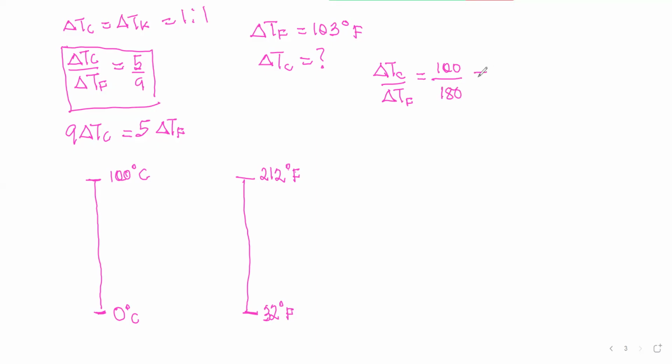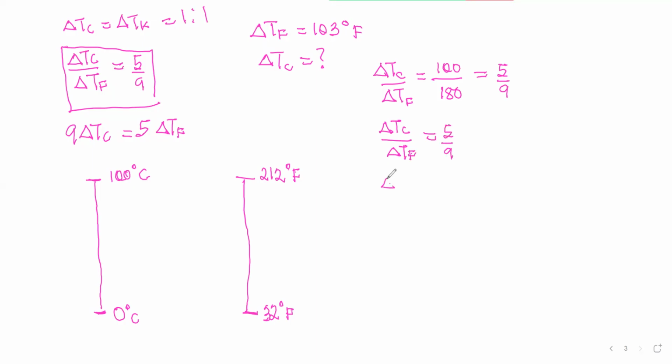This is straight away giving me 5/9. So the change delta TC over delta TF is equal to 5/9.